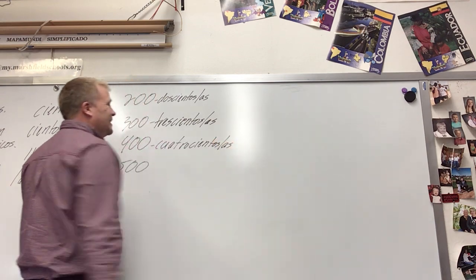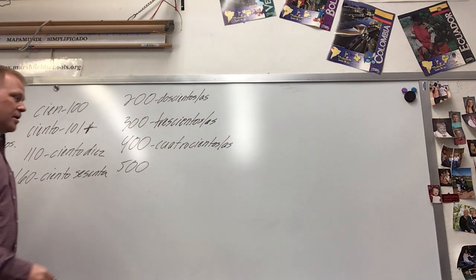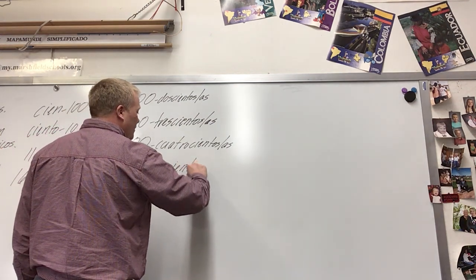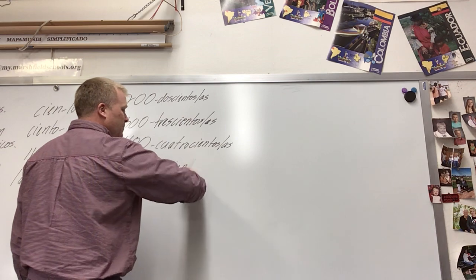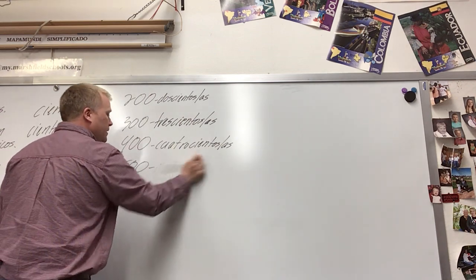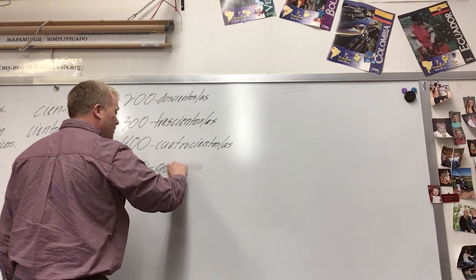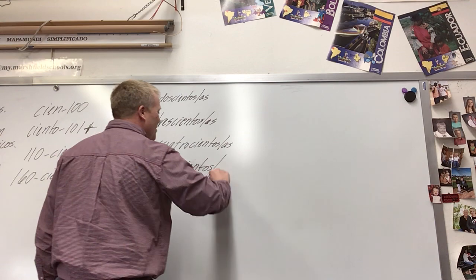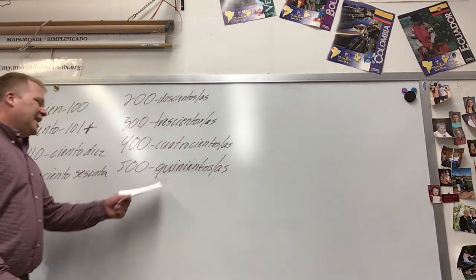Now 500, you think it'd just be cinco, but it's a little bit different. It's quinien. Here, I misspelled it. Quinientos. Ay, caramba, señor. Quinientos. Here we go. Quinientos or quinientas.